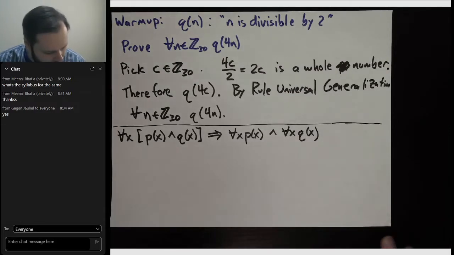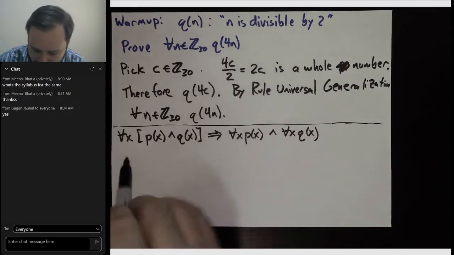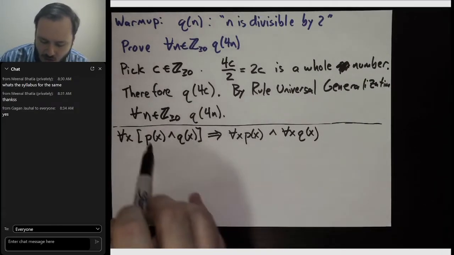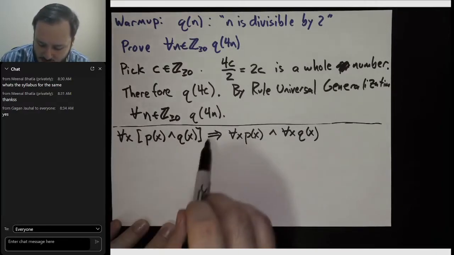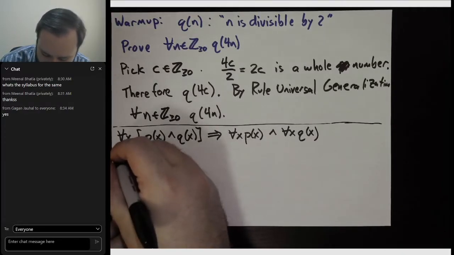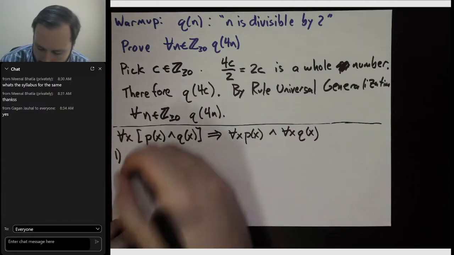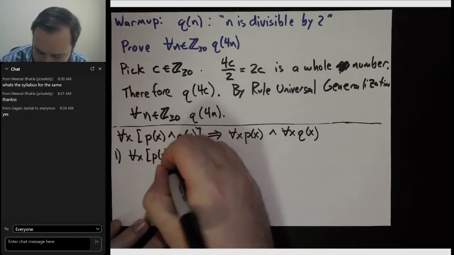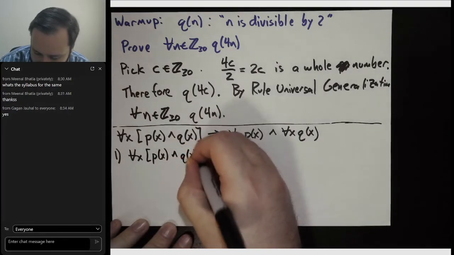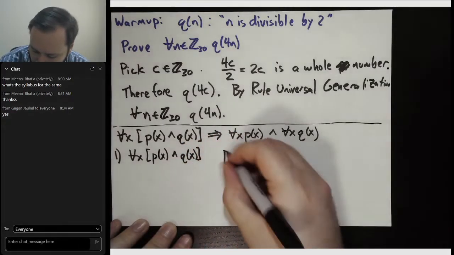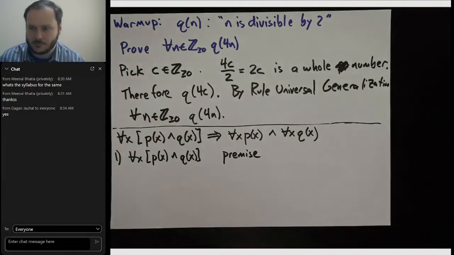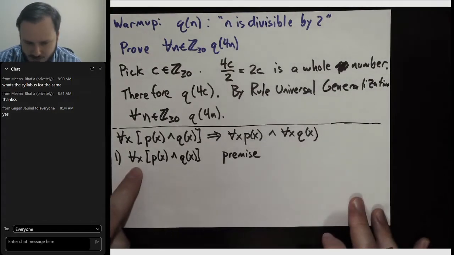Okay, so we're going to start with our premise, right? If you have an argument, all of the things you are assuming are your premise. So 1: for all x, P of x and Q of x. That's a premise. Okay. Now, I have a for all statement.